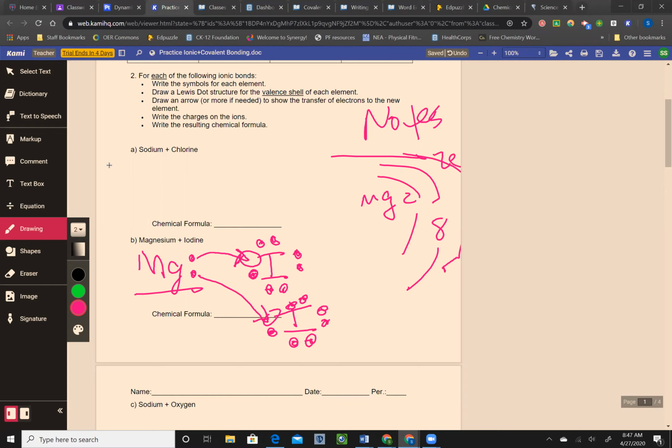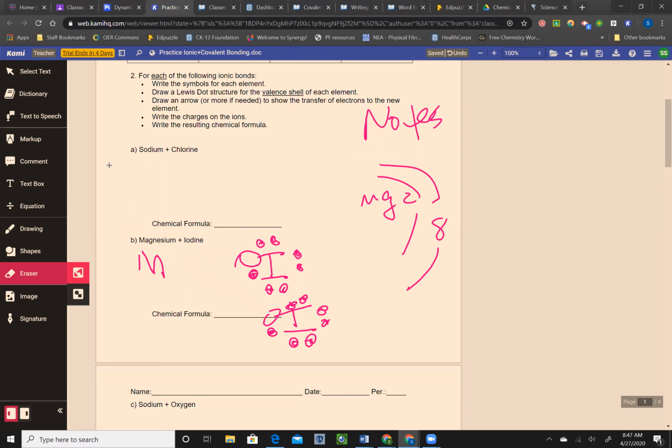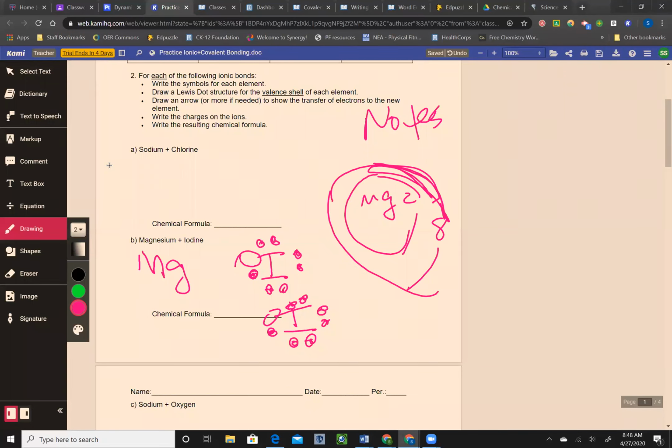And we just lost these outer 2, out here. And so in losing those 2, it now will have all 8 right over here on the outer shell. Assuming, you know, it's going around it. All 8 are there now. So it's stable, but you lost the 2 electrons.